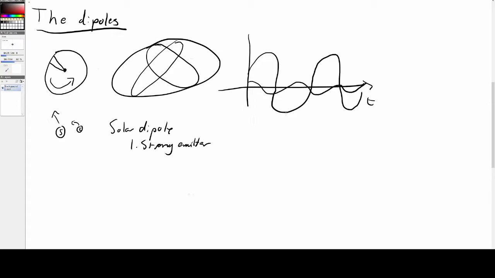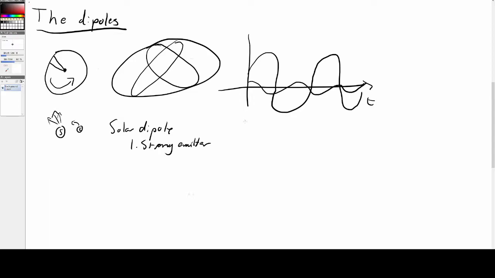And although the solar dipole seems to be very well behaved, and it seems like this should be a very regular source that we can calibrate on, the fact is that we don't know exactly how fast the sun is moving through the universe, or relative to the CMB rest frame. And also we don't know exactly the direction here. So we know roughly where the sun is moving, but there's some uncertainty here. So unfortunately, the solar dipole doesn't exhibit this other quality that we would like the calibrators to have, which is that it should be well known.